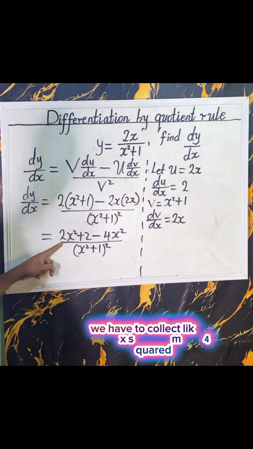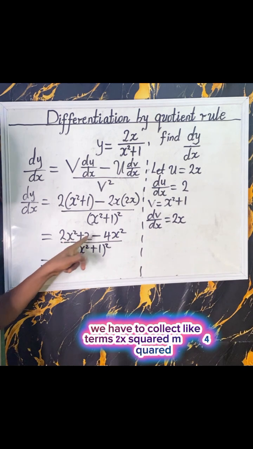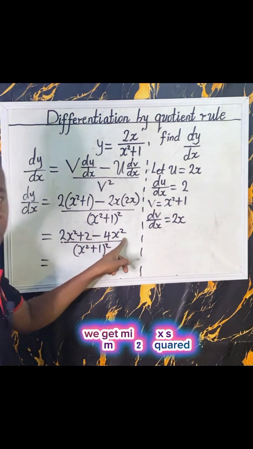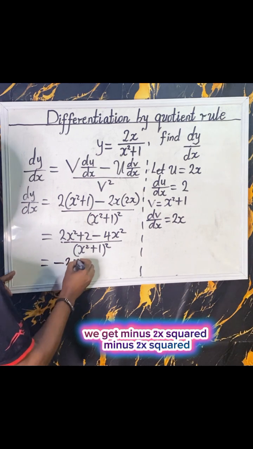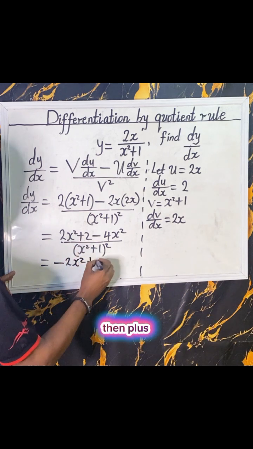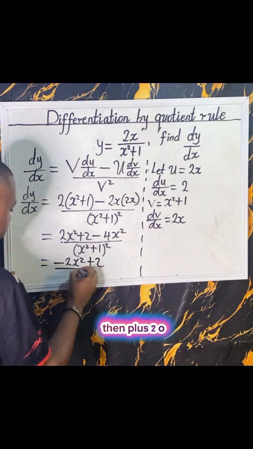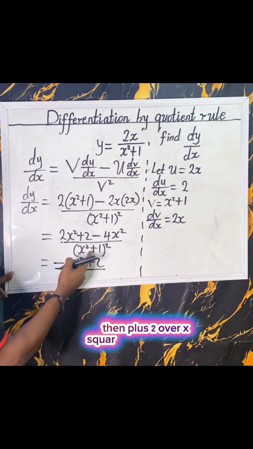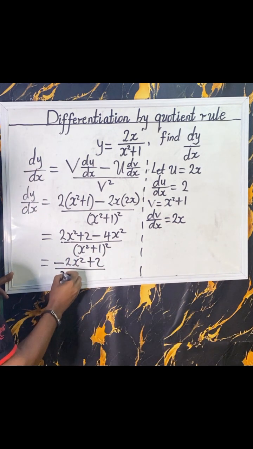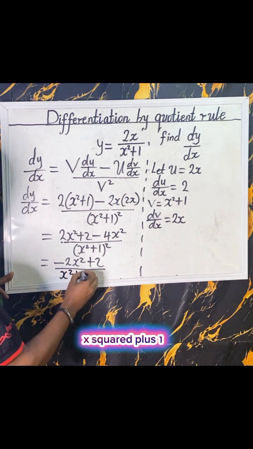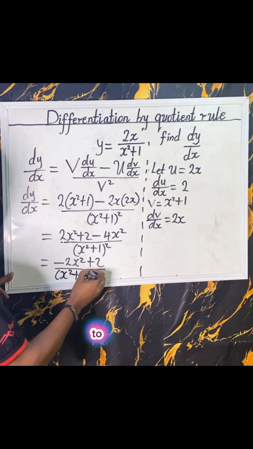We have to collect like terms. 2x squared minus 4x squared, we get minus 2x squared. Minus 2x squared, then plus 2 over x squared plus 1 raised to power 2.